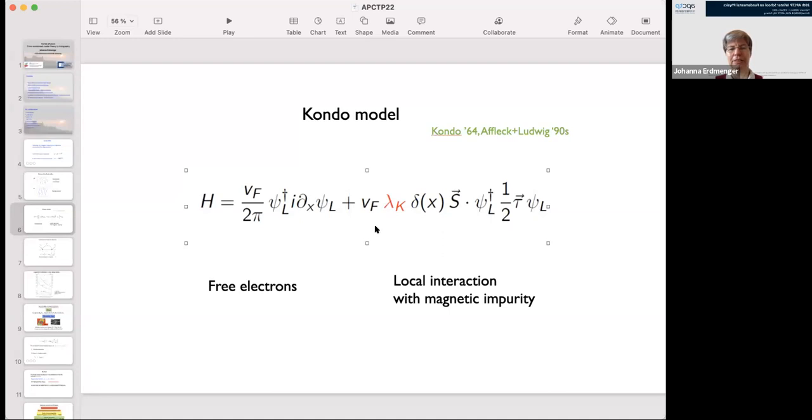Are there any questions about this so far? Johanna? Yeah. Can this local interaction be deduced from the usual minimal coupling to a vector field?